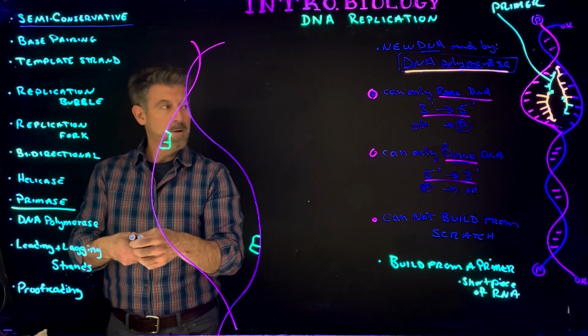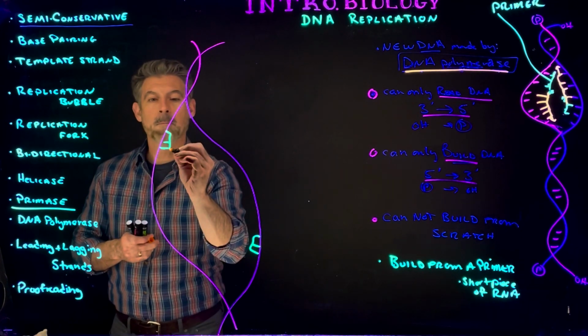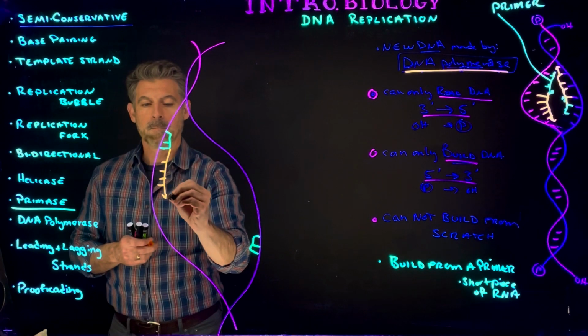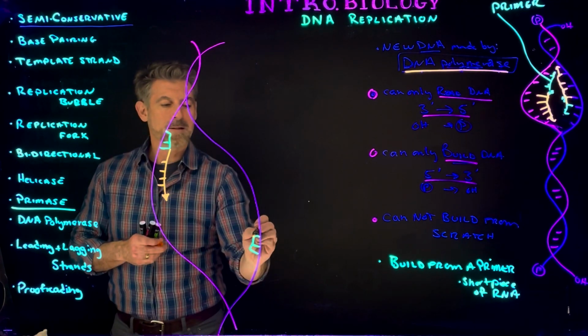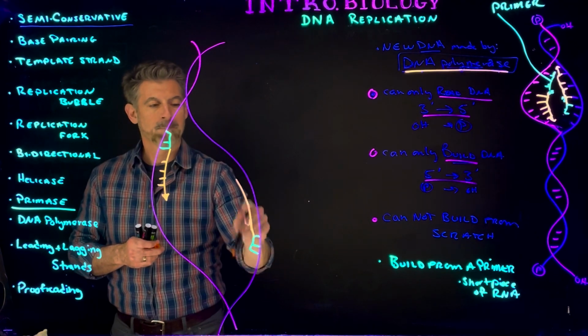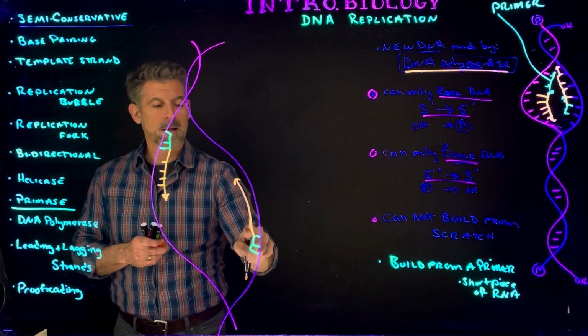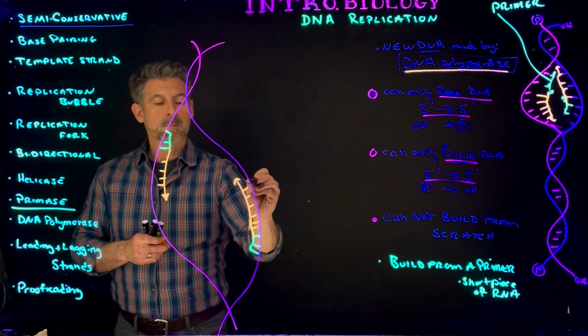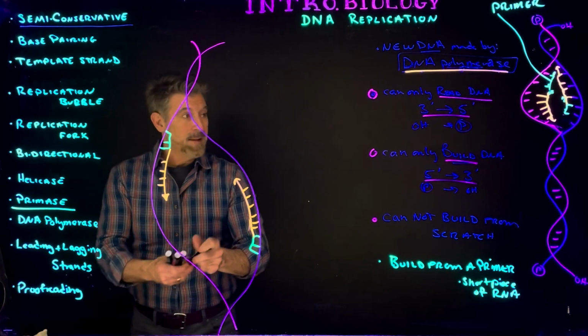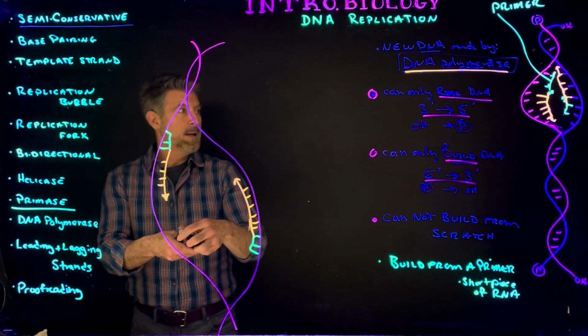And then we have our new DNA being built. We're saying this new DNA is being built here. Now you'll see a picture that looks a lot like this in your book and a bunch of other places. It's being built by the enzyme, the DNA polymerase.